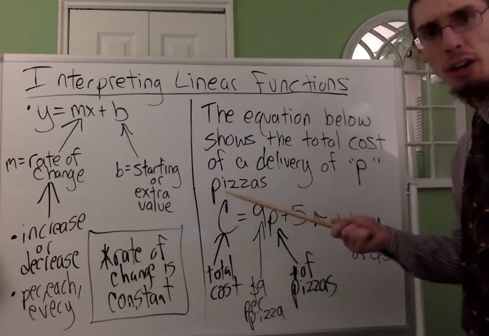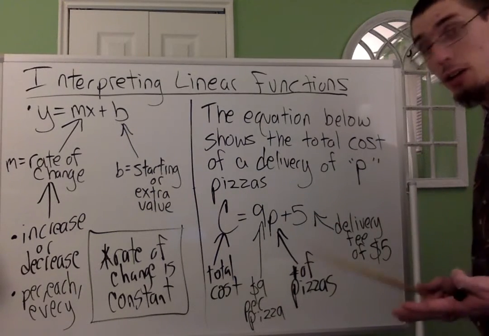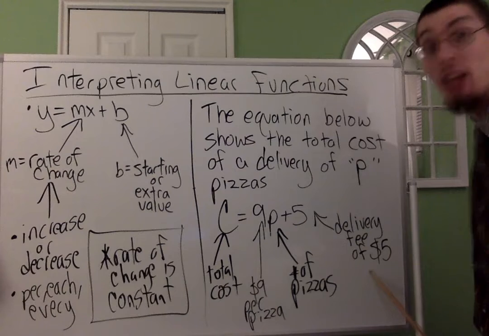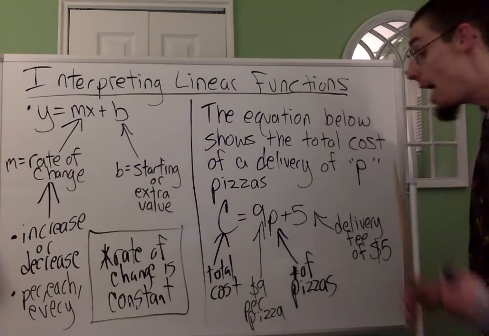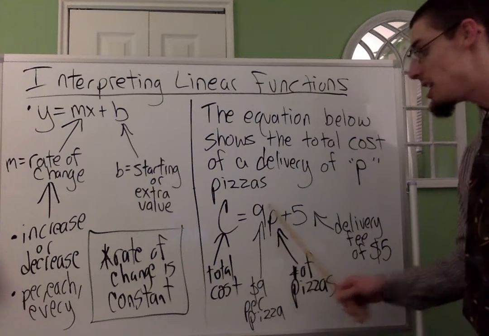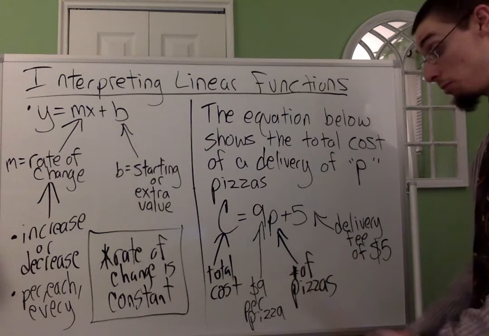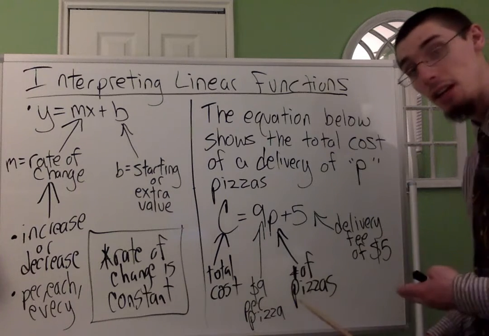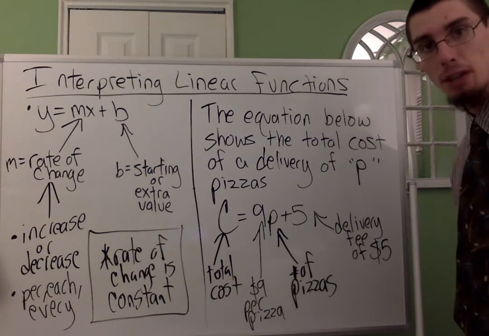Or even starting, right? As soon as you know that you're calling for delivery, you're starting off paying $5 because you're getting it delivered. And then you're going to add $9 for each pizza. Or you're paying $9 for each pizza and then tacking on an extra $5 as a delivery fee.